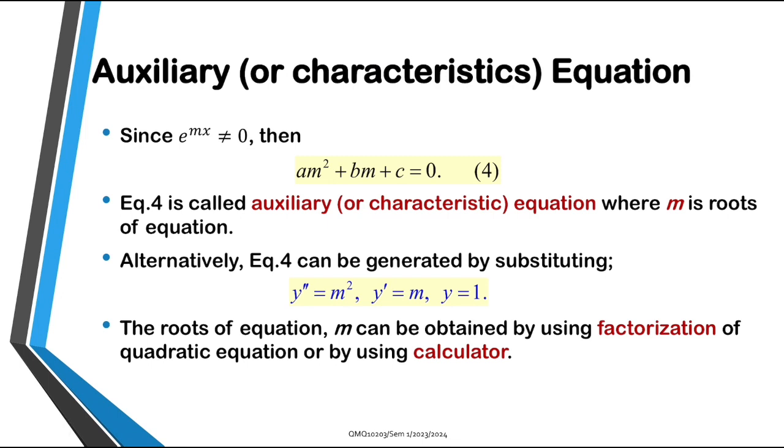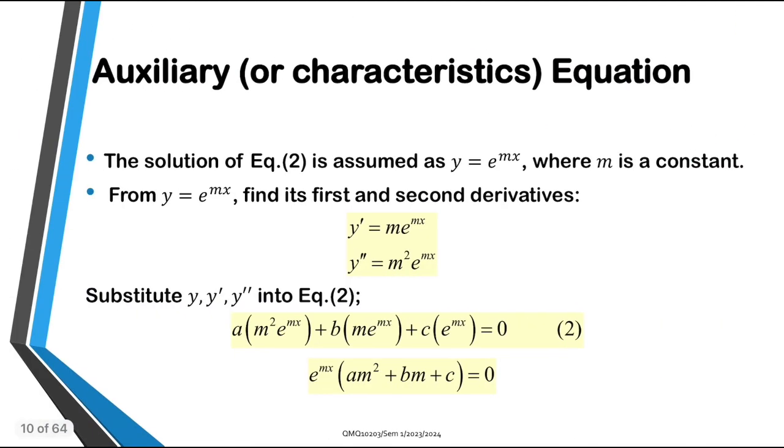Because e to the mx cannot be 0, whatever value of m you substitute, you cannot get 0 from it. Then in order for this equation to be true, the bracket a m squared plus b m plus c must be 0, because this factor cannot be 0 and this one must be 0.